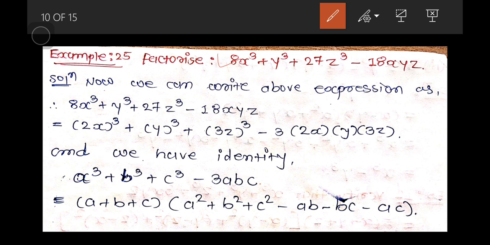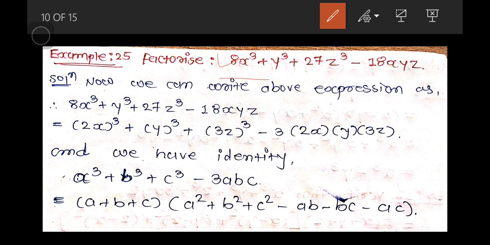This expression is really similar to identity number 8, as you know, that is x cube plus y cube plus z cube minus 3xyz, which we can factorize in the form x plus y plus z, in the other bracket x square plus y square plus z square minus xy minus yz minus xz. So we factorize this expression in the form of identity number 8.